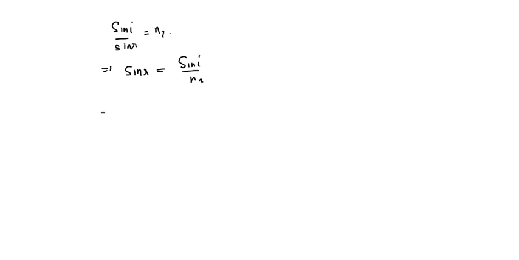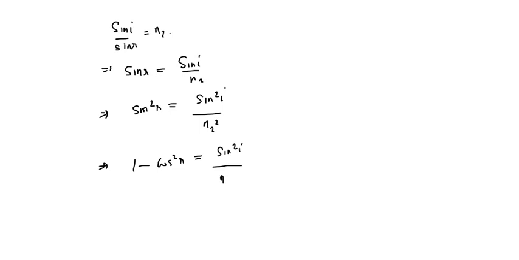So if we square both sides, we get sin square R equals sin square I by n2 square, or 1 minus cos square R equals sin square I by n2 square.